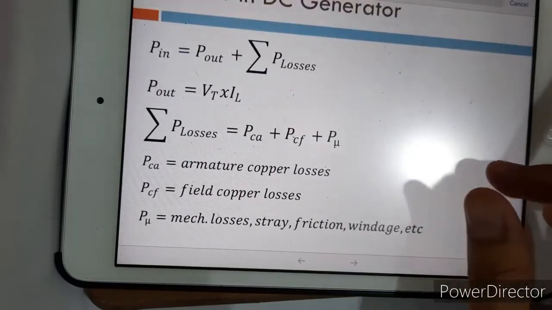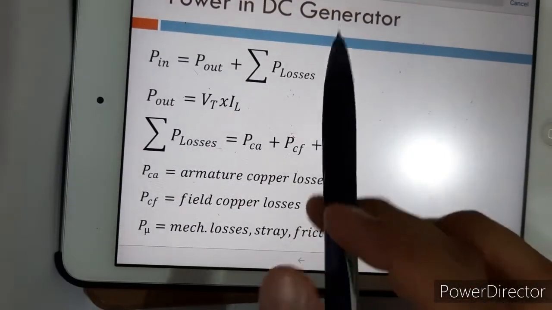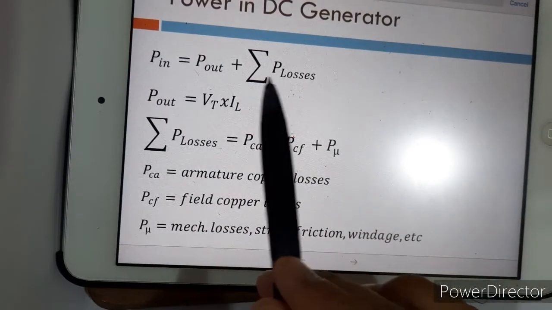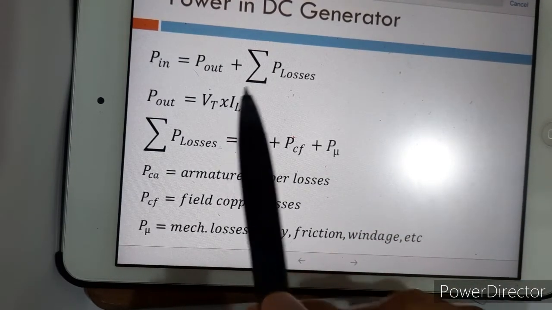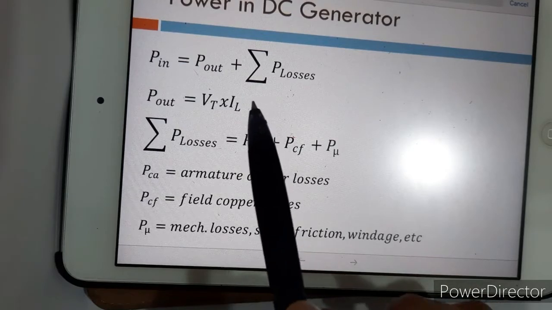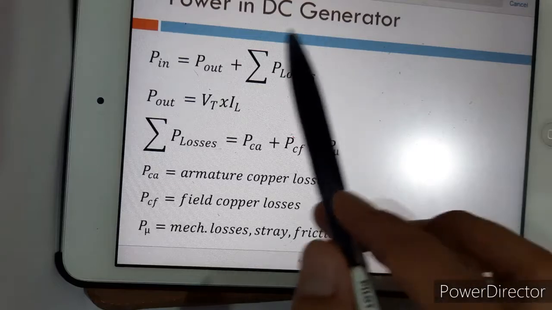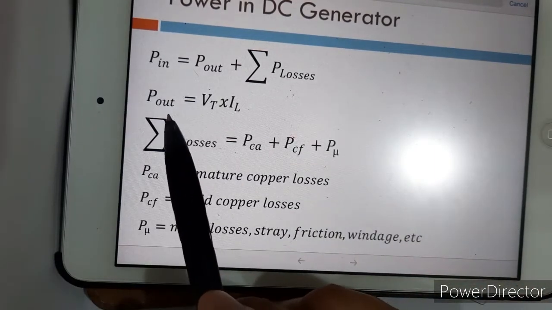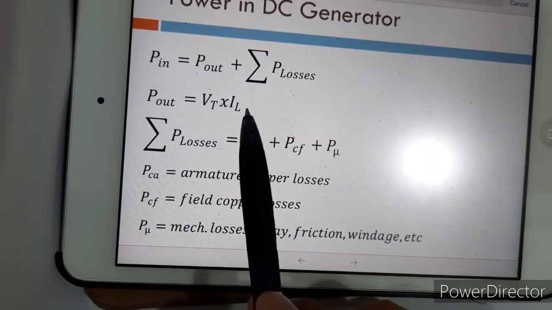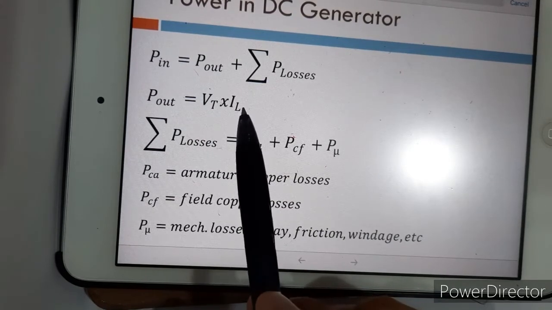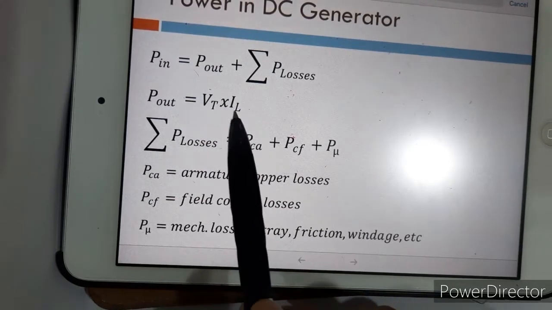Okay, so this is power in a DC generator. This is the same as what I have explained just now: to determine P in, P out plus total P losses, and P out is equal to VT IL, because VT IL needs to be maintained on the terminal side.